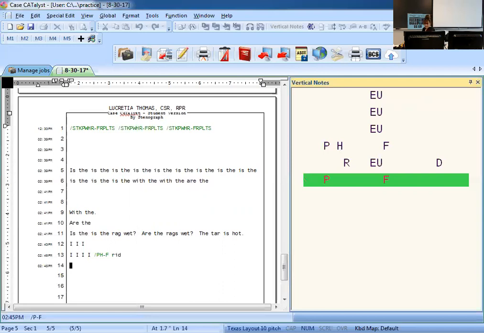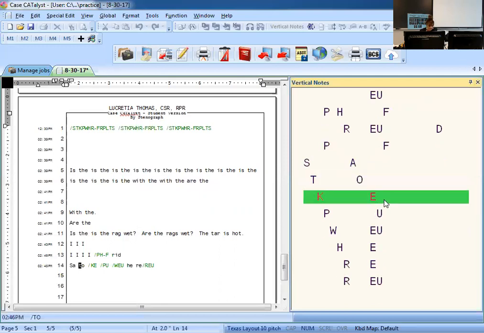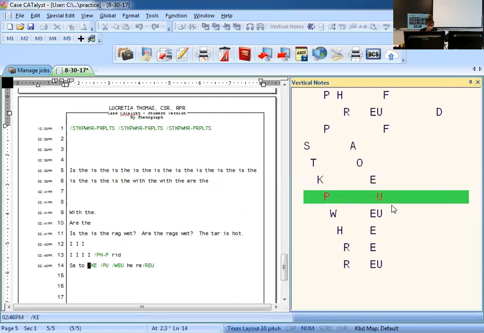So I'm going to write S-A. Look at my notes over here. That's why this is distracting if you have an English translation. S-A. I'm going to write T-O, K-E, P-U, W-I, H-E, R-E, R-I. Okay? So notice, let's check it: S-A, T-O, K-E, checking it against my book.